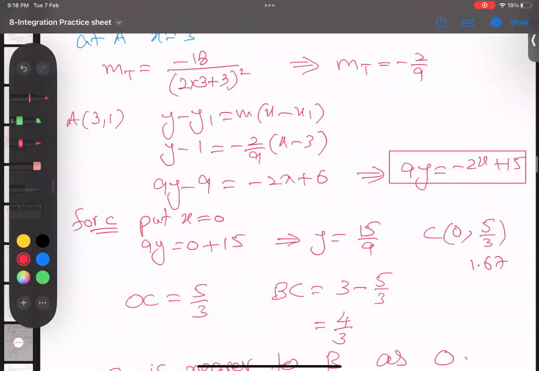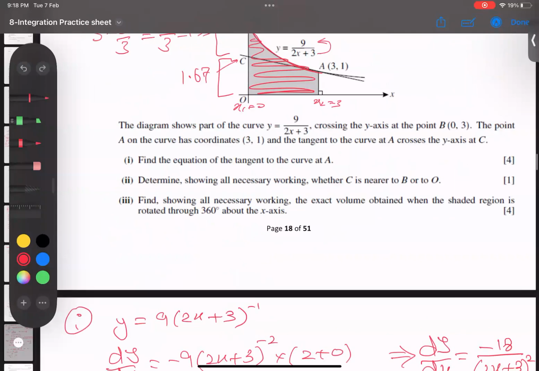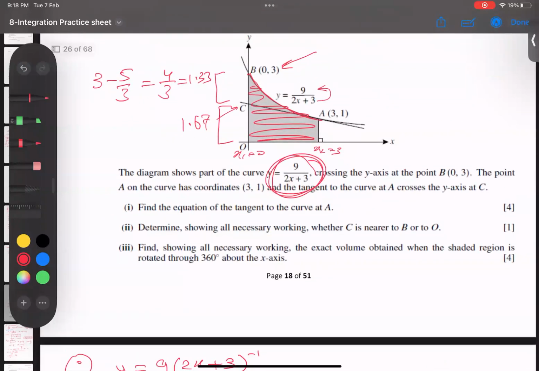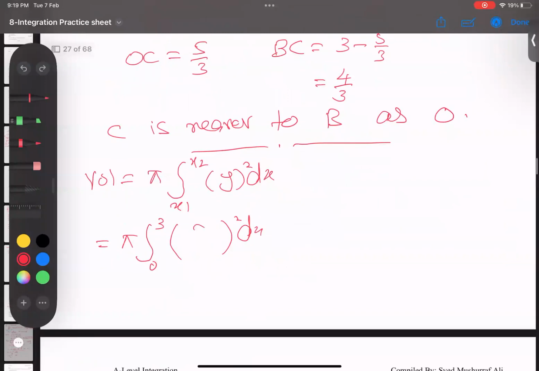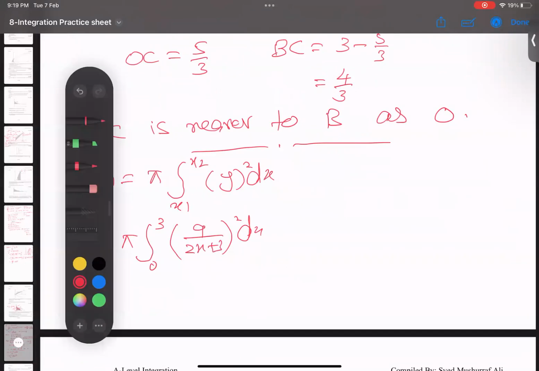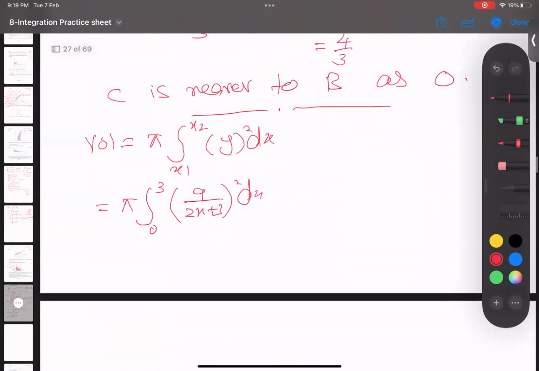But what is y square? Y is this one, or you can use this one, no issue at all. I use this one, 9 over 2x plus 3. How can we continue? As I said before, whenever two values are dividing, I can distribute the power.